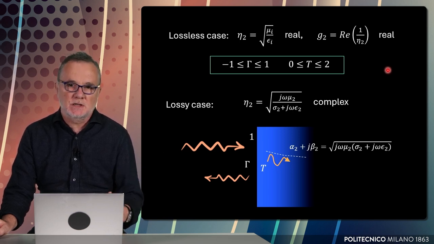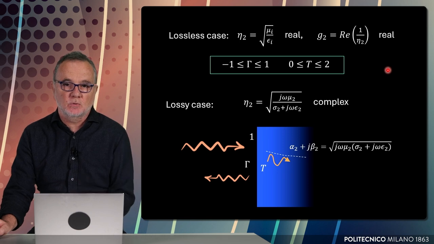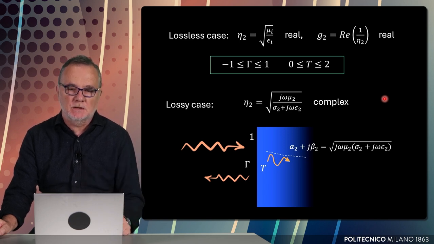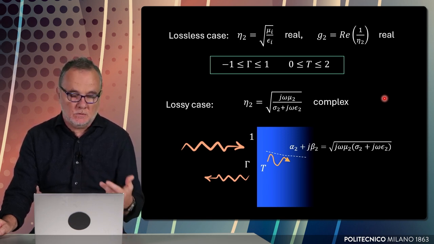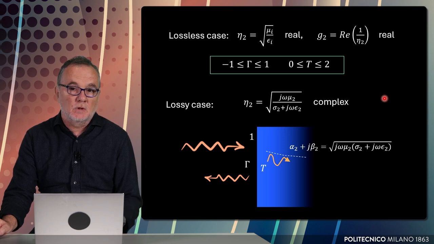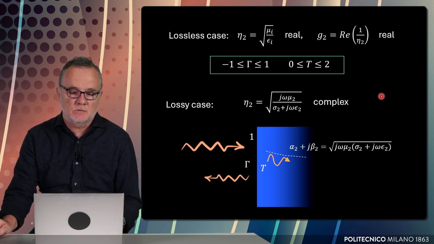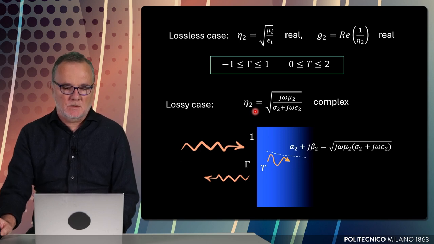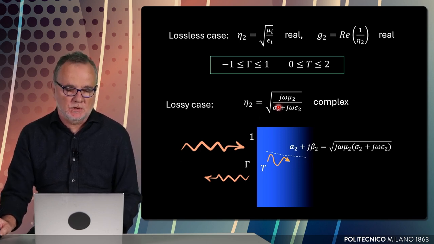In the lossy case, in which, for instance, material 2 has some dissipation effect that can be due to imperfect dielectrics, so real, non-ideal dielectrics, or conductive materials, so real conductors with finite conductivity, we have that the wave impedance is complex, as shown in this picture.